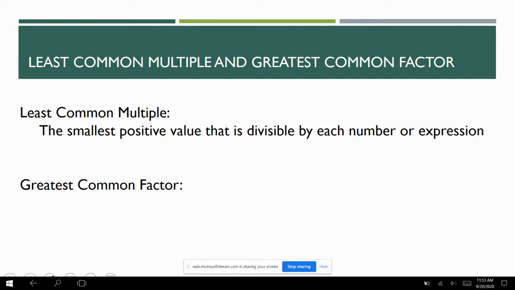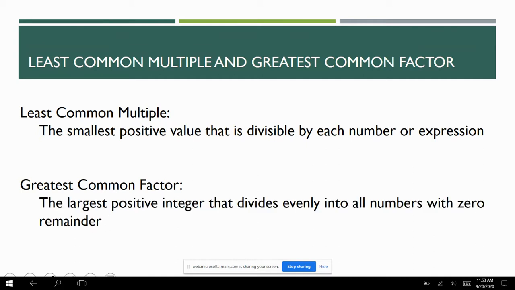So our least common multiple is the smallest positive value that is divisible by each number or expression. When we're talking about multiples, essentially what we're looking to do is add that number to itself multiple times. And the least common multiple is going to be the smallest number that two values share in common.